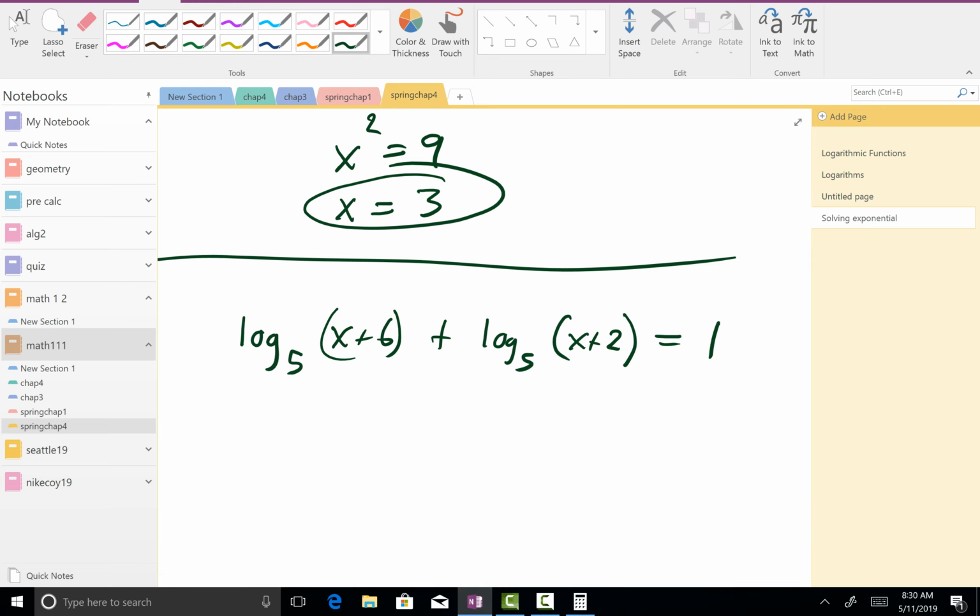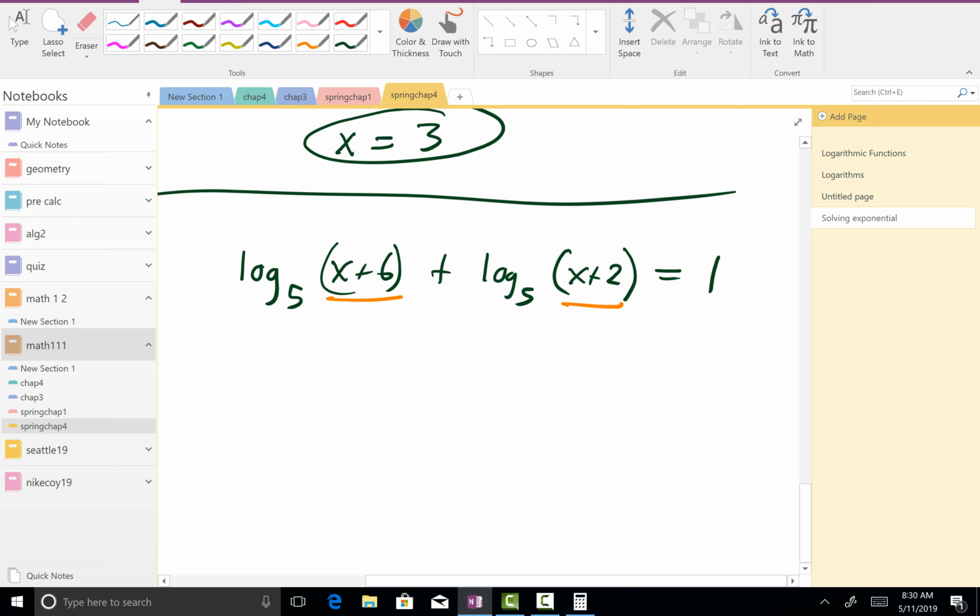So then we'd use the properties of logs again. What happens to the x plus 2 and the x plus 6? Do you remember what that property says that we're going to do with them? Yeah, we're going to multiply them. Okay? So you're going to get this.